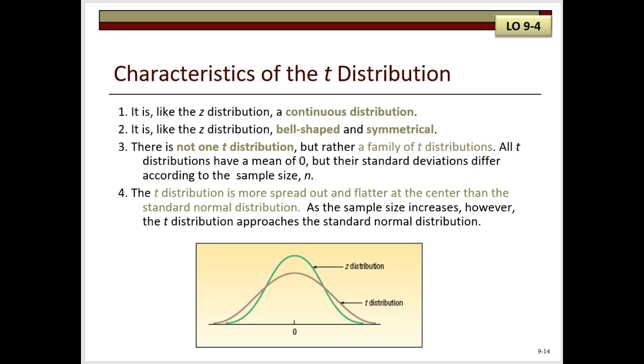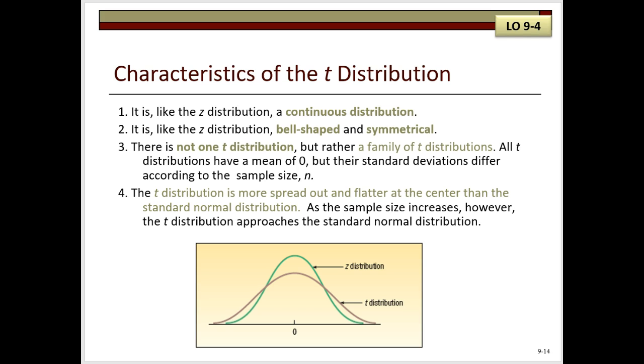In computing a confidence interval for the mean of a population, when the population standard deviation is not known, and when the sample size is small, assuming the sample comes from a normal population, the appropriate distribution to use is the t-distribution. So the t-distribution is like the z-distribution in that it is also a continuous distribution, bell-shaped and symmetrical.